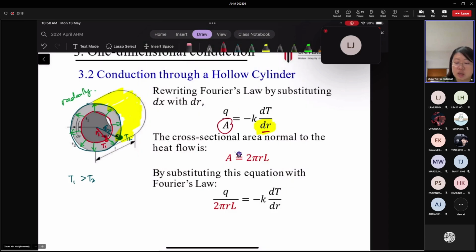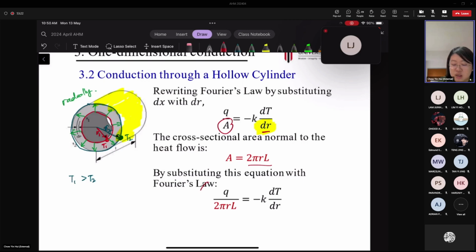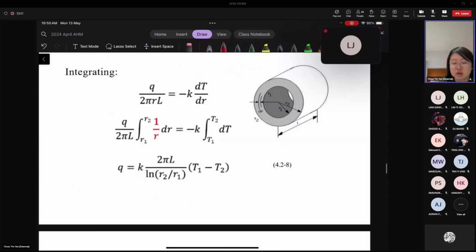This cross-sectional area is expressed as 2 pi RL. Substituting it, Q, the rate of heat transfer, divided by 2 pi RL equals negative K dT/dr.